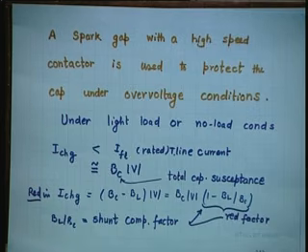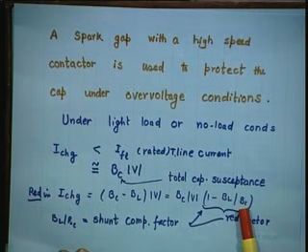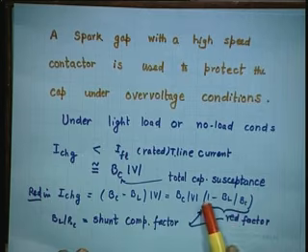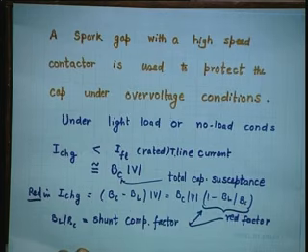The reduction in I charging is because of (BC minus BL) into V, or you can play with the mathematics: BC V into (1 minus BL by BC), and this BC V is reduced by this factor. This has to be less than 1 as long as BL and BC both are positive, and BL by BC is called the shunt compensation factor.